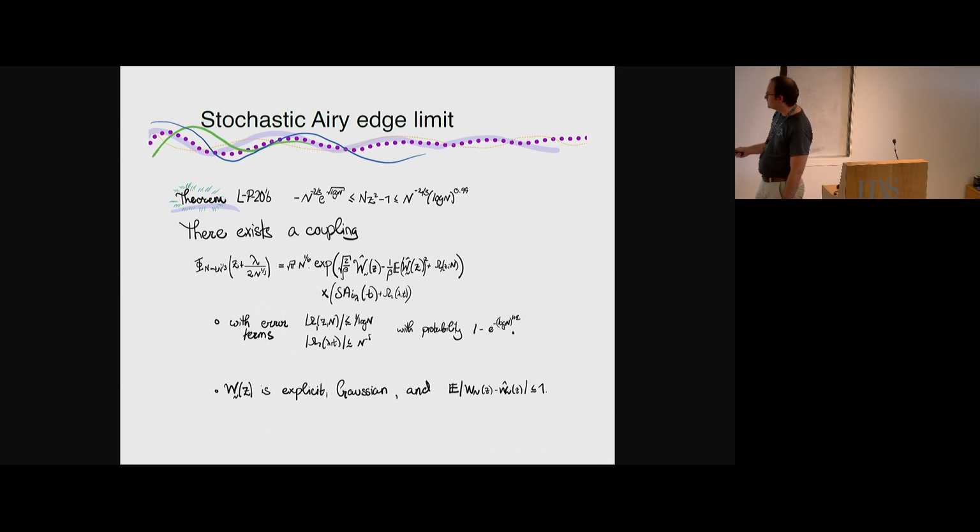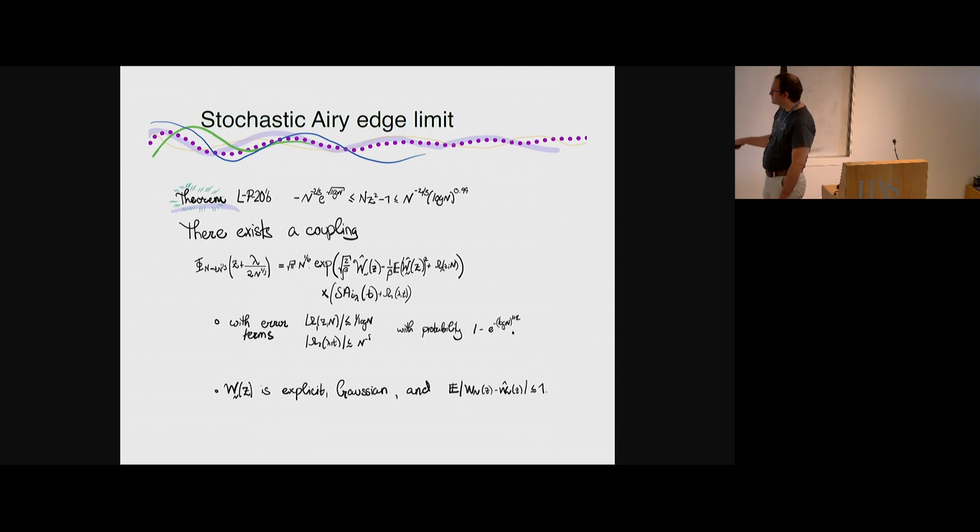And then it's multiplied by the stochastic Airy function. And in order to execute this, we have to put these on the same probability space. We have to somehow take the noise from the Airy and compare it to Gaussian noise in order to actually compare this function to this.